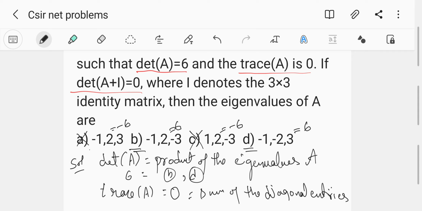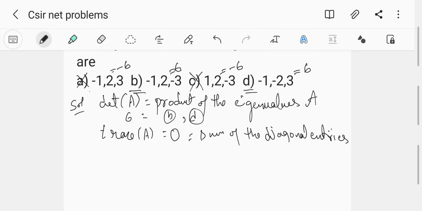If the eigenvalues are real and distinct, then trace of A will also be equal to the sum of the eigenvalues.